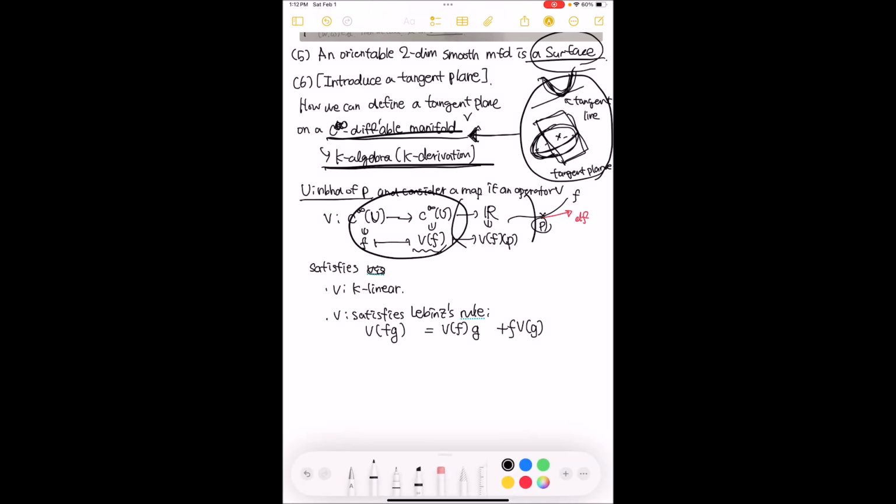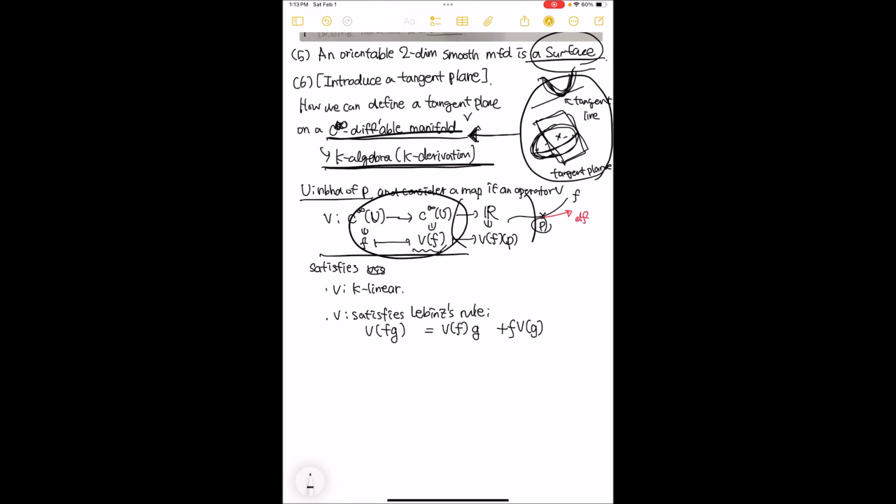As I said, if we yield the value, just consider the point P, that is a real value. But we can consider only the function, that part.